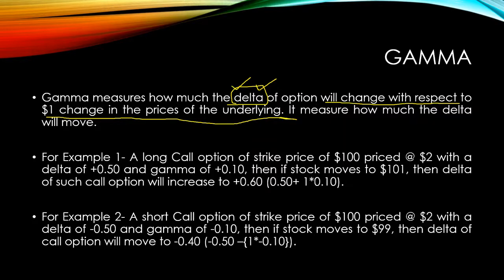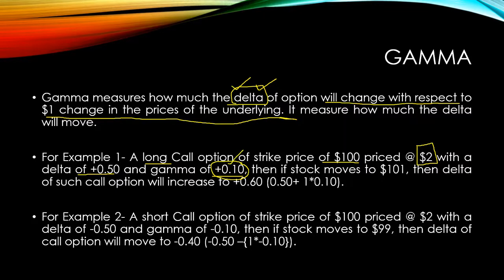For example, if I have bought a call option with a strike price of $100 and this option is currently trading at $2, and the option trading software is showing that it has a delta of 0.50 and a gamma of 0.10. So in this gamma class, we are going to find out what this 0.10 means.